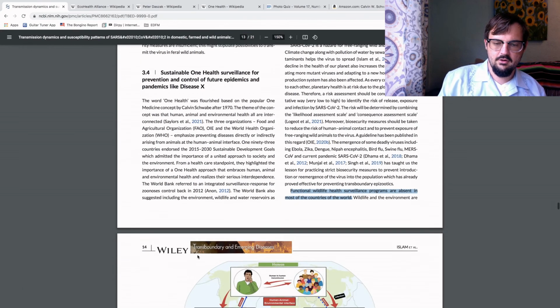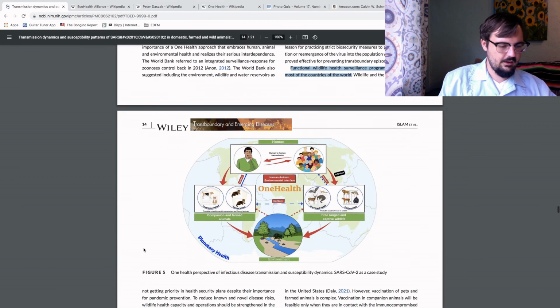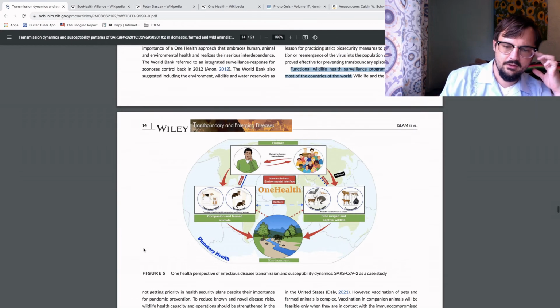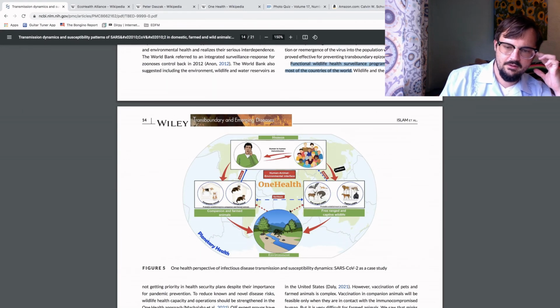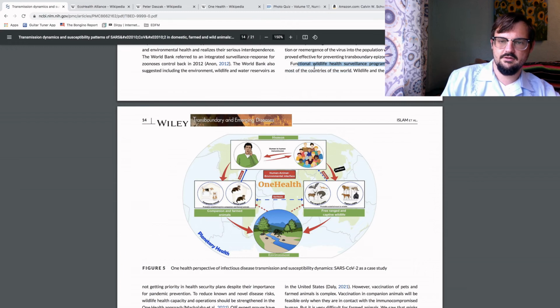However, you might note most countries of the world did not experience a pandemic in 2020, particularly Africa, right? Africa experienced none, as did India, which basically, there's a correlation between the existence of functional wildlife health surveillance programs and the severity of the pandemic.